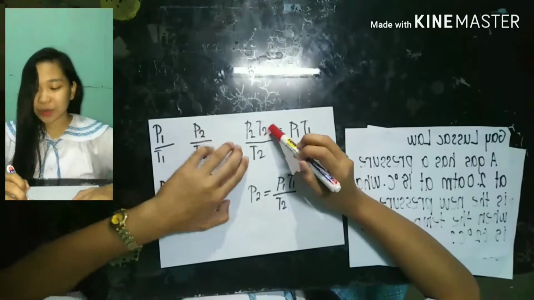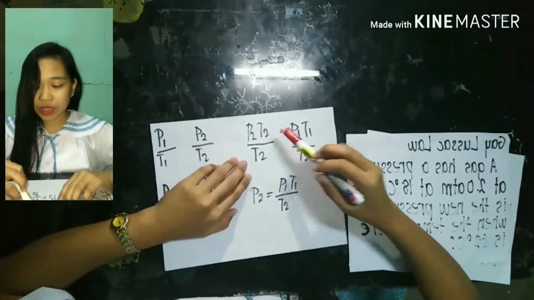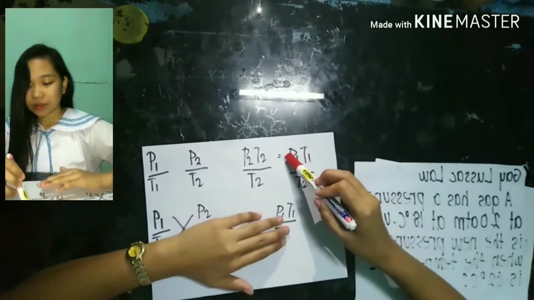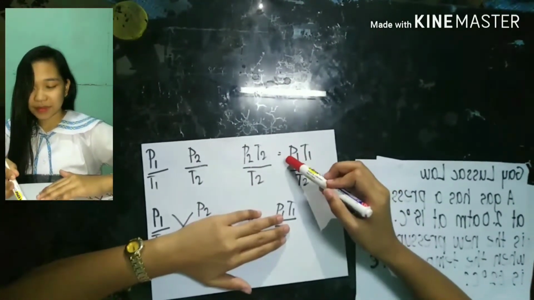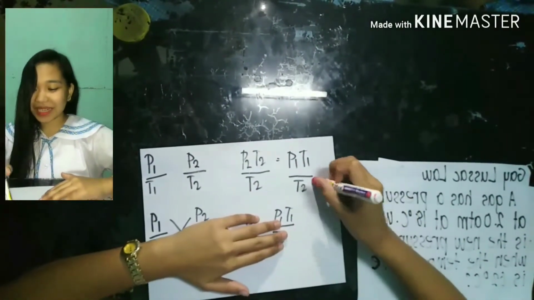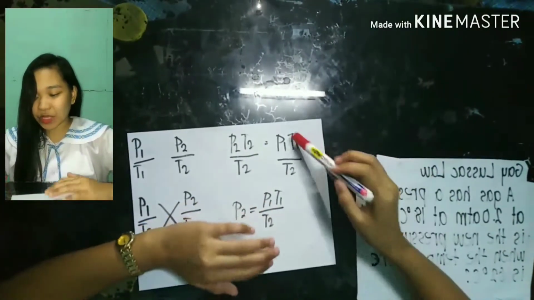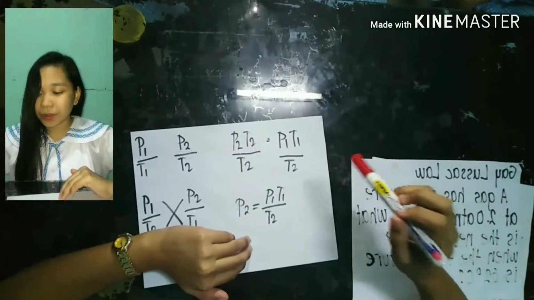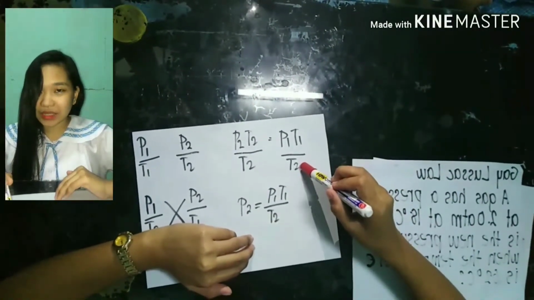Final pressure multiplied by final temperature divided by final temperature, equals initial pressure multiplied by initial temperature divided by final temperature.